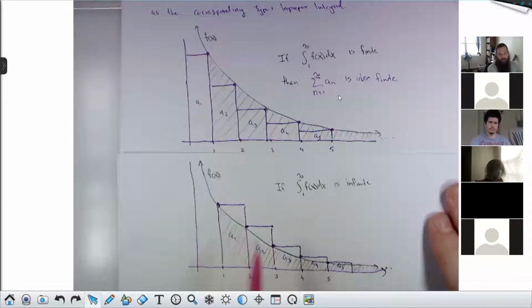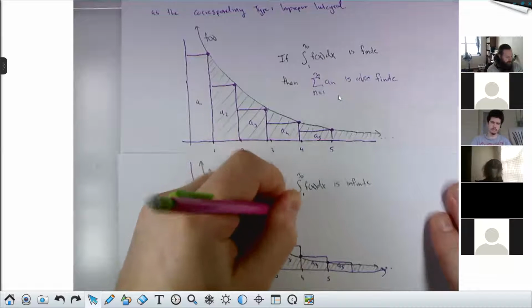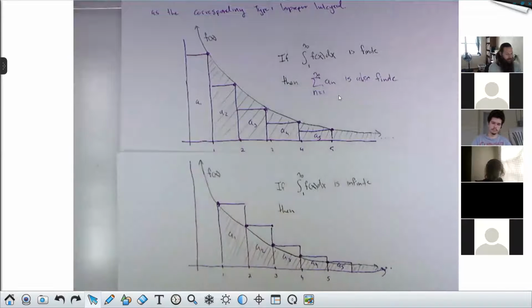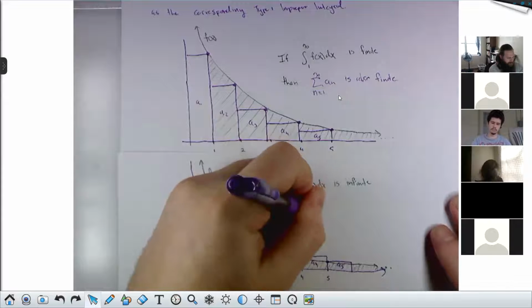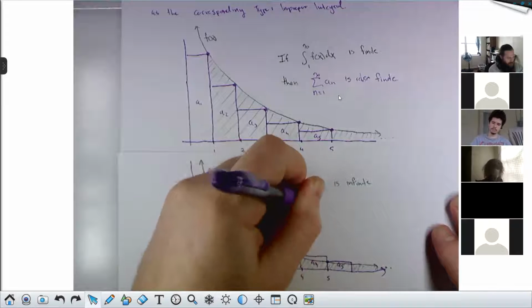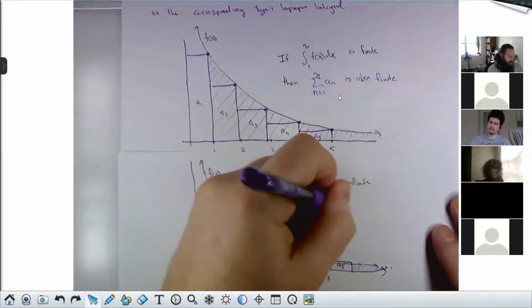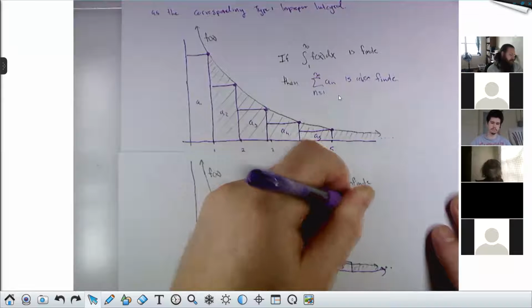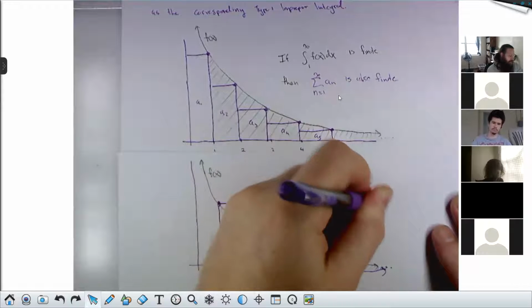So their area is larger than the gray shaded area. Then the sum from n equals 1 to infinity of a_n is also infinite.